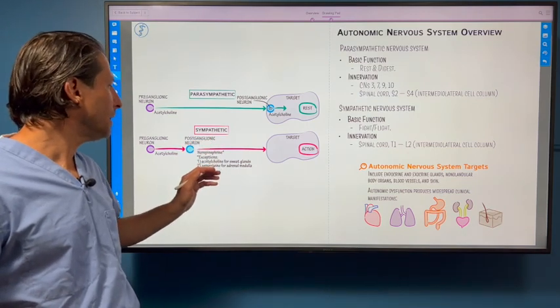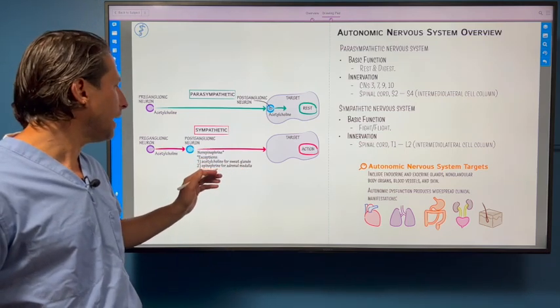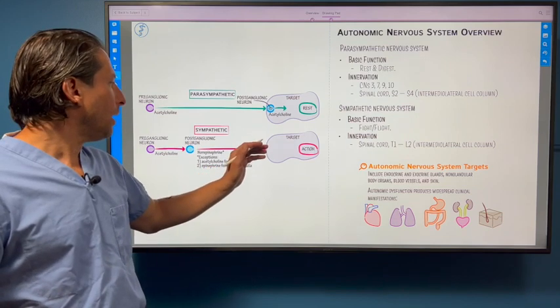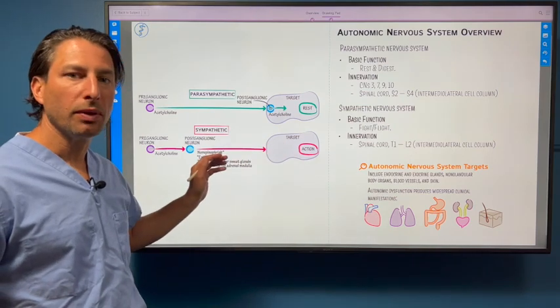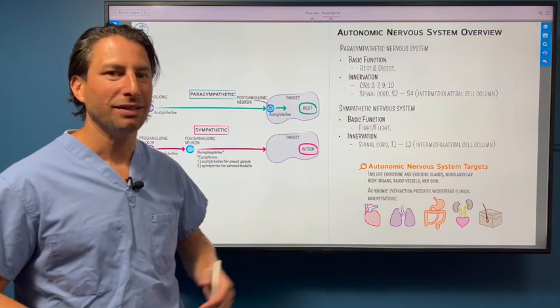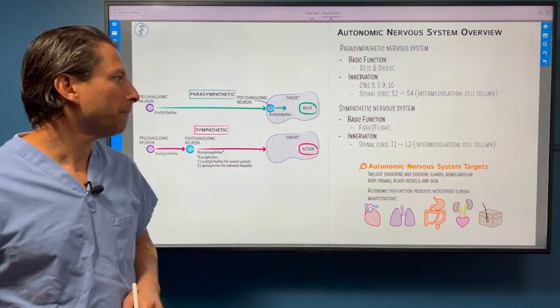An exception is sweat glands, which again use acetylcholine, and epinephrine for the adrenal medulla. In terms of the target, it's far away from the postganglionic neuron, and again the action is action versus rest and digest. It's fight or flight with sympathetic.